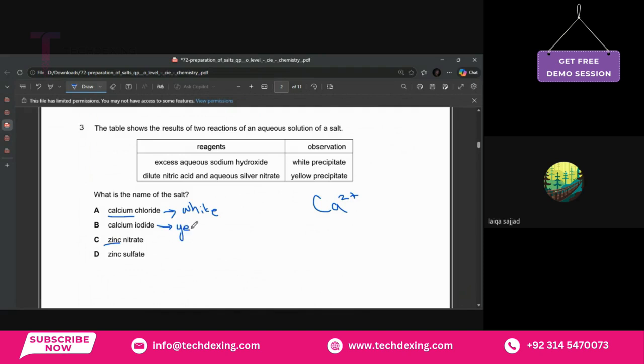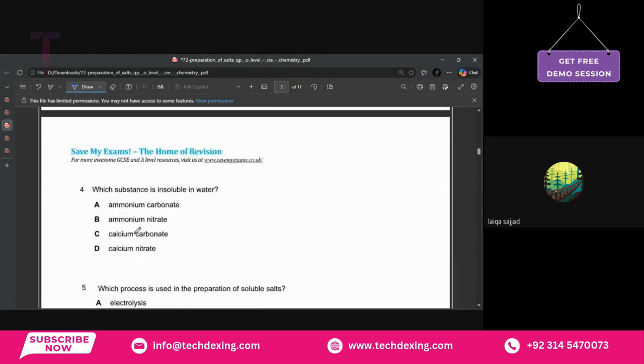What about bromide? Bromide is cream. Is it green or cream? Cream. Yes, it's cream. Very good. So the correct option would be option B, calcium iodide.